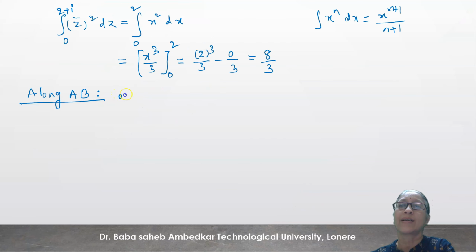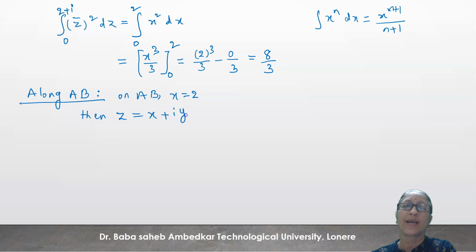So here on AB, x is 2. Then z becomes z equal to x plus iy, which is equal to 2 plus iy. Then z bar, or conjugate of z, is 2 minus iy.